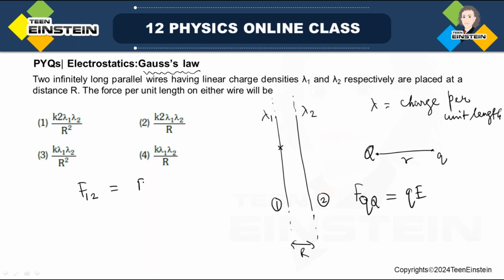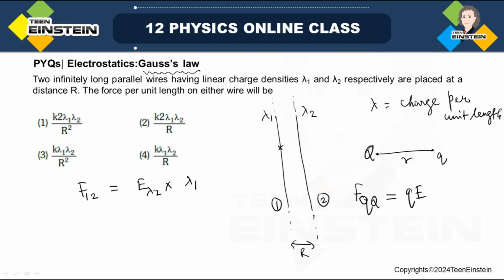So I have to find the electric field due to λ2, and then multiply by the charge of this one. Here I have to find the force per unit length, so it will be λ1 into the electric field produced by the line charge having charge density λ2.